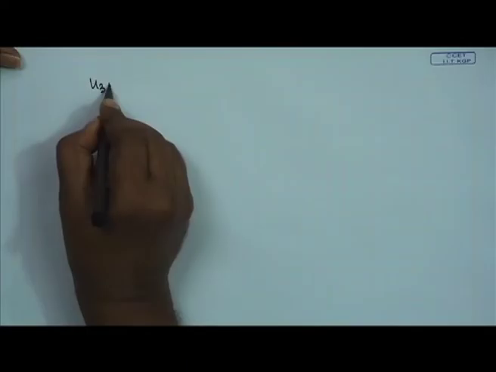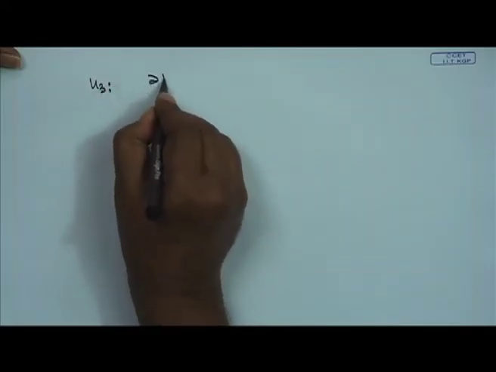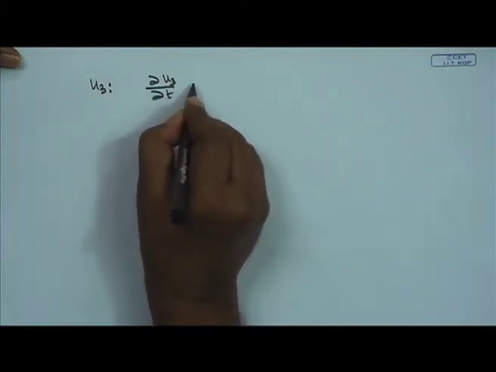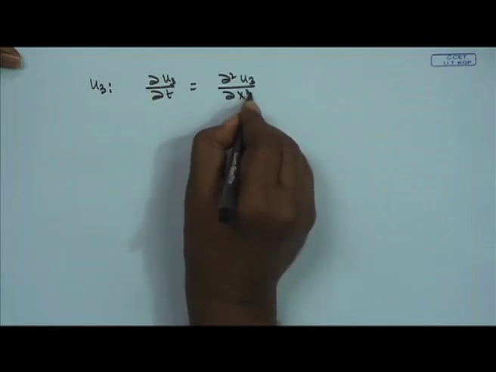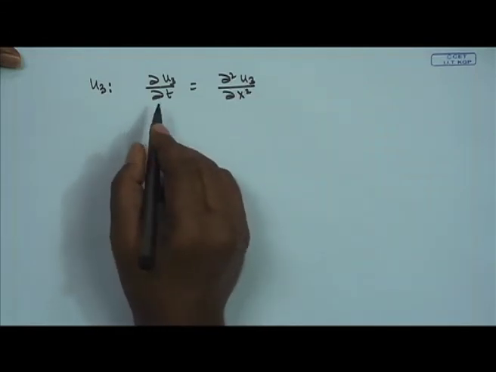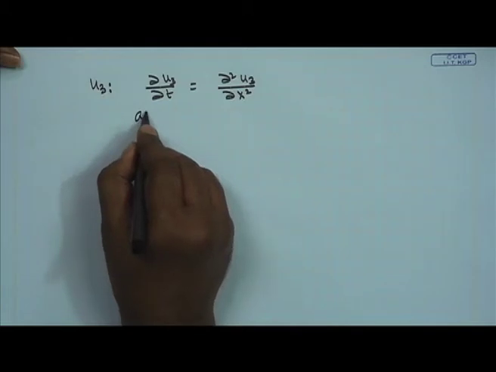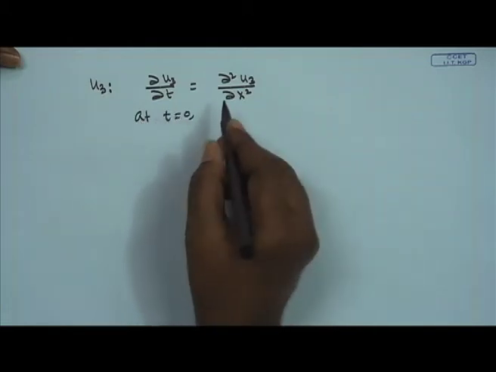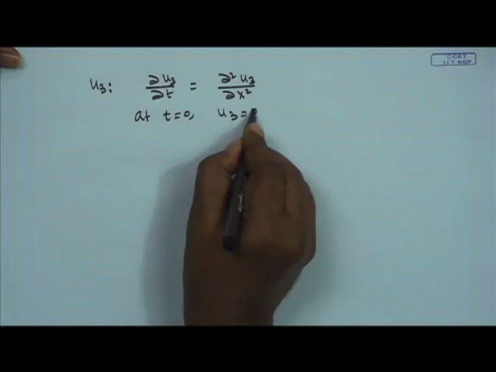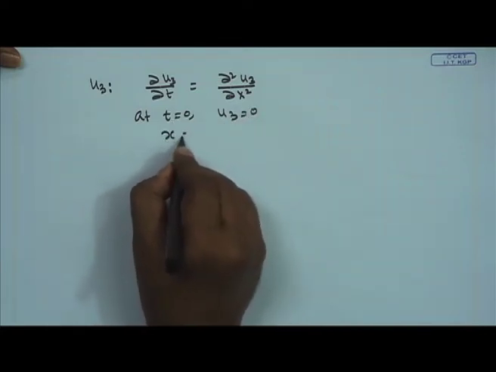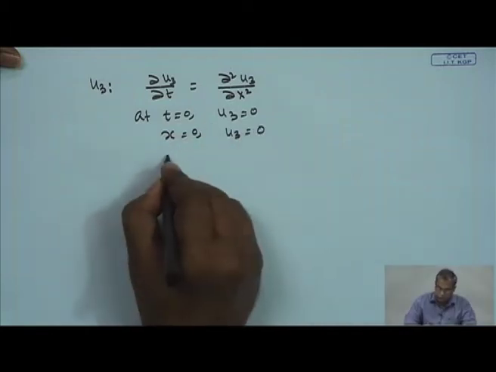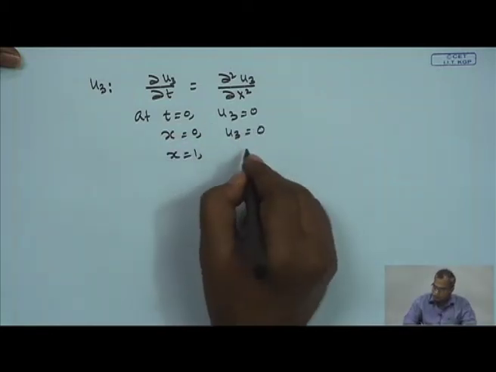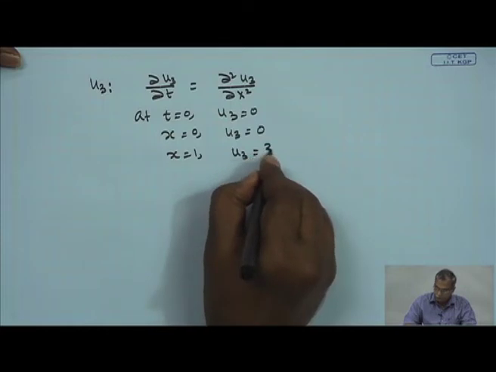And what is u3? u3 will satisfy del u3 del t is equal to del square u3 del x square. And what are the boundary and initial conditions? At t is equal to 0, u3 is equal to 0, at x is equal to 0, u3 is equal to 0, and at x is equal to 1, u3 is equal to 3.